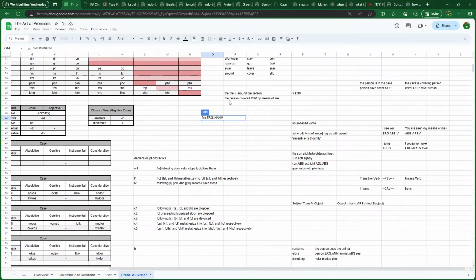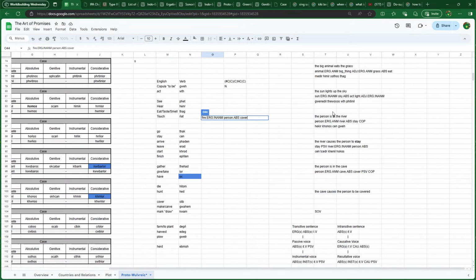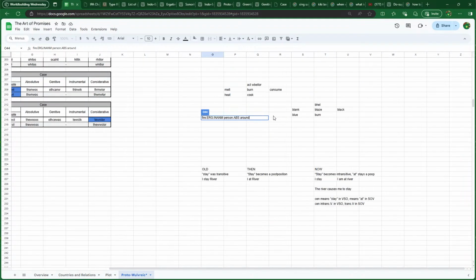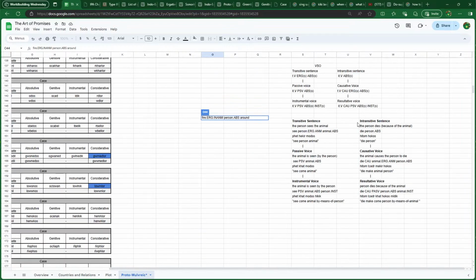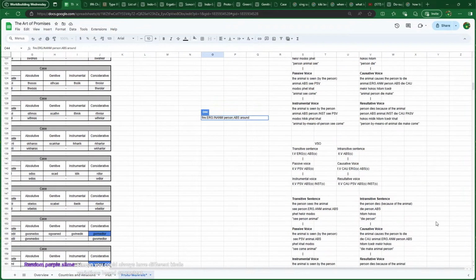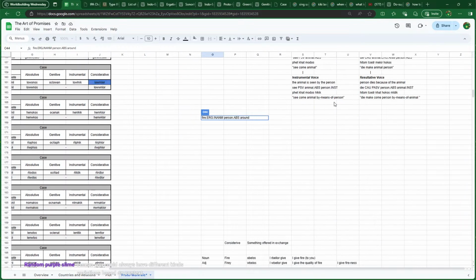And then person, this is absolutive. And this is cover, right? Or this is around. Oh, right. We're still doing this. We get to keep this evolution because we have this evolution in transitive stuff.